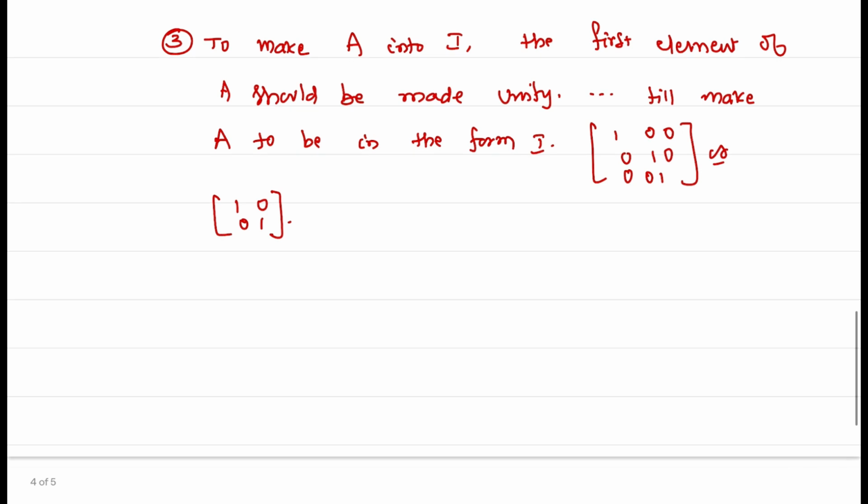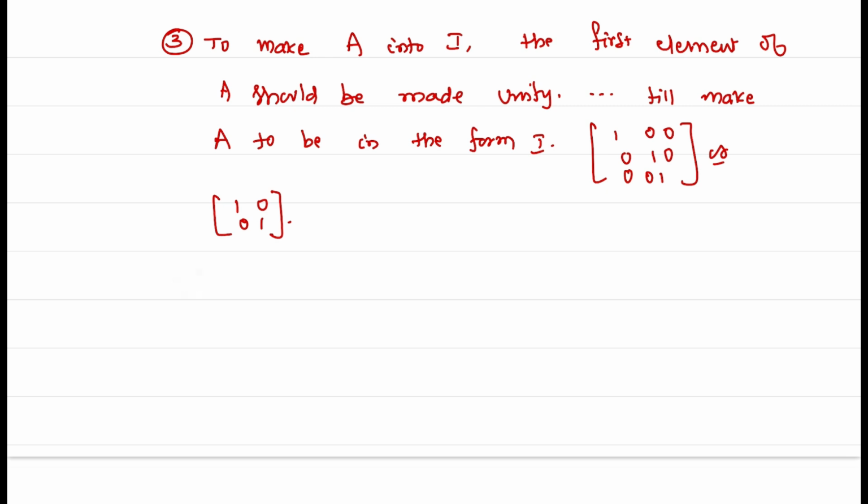During the process, if two rows or two columns become equal, or one row or one column totally becomes 0, then that matrix is not invertible. Inverse does not exist.